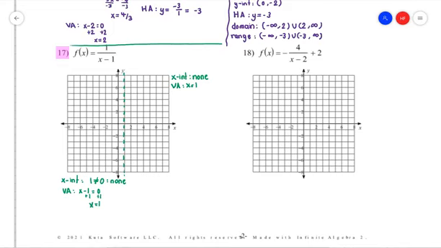Then our y-intercept, we'll take the function, plug in a 0 for x. 1 over negative 1 is negative 1. Then our horizontal asymptote, Bobo-Botten eats DC. We are bigger on bottom, so that's y equals 0.